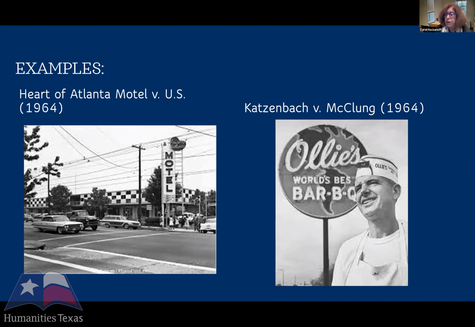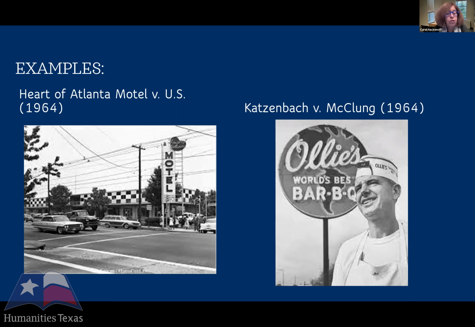Good portions of it depend on the existence of interstate commerce. So here are two examples: Heart of Atlanta Motel versus the United States and Katzenbach versus McClung, both in 1964. So this involves interstate commerce. There were billboards on the interstate advertising Heart of Atlanta Motel.